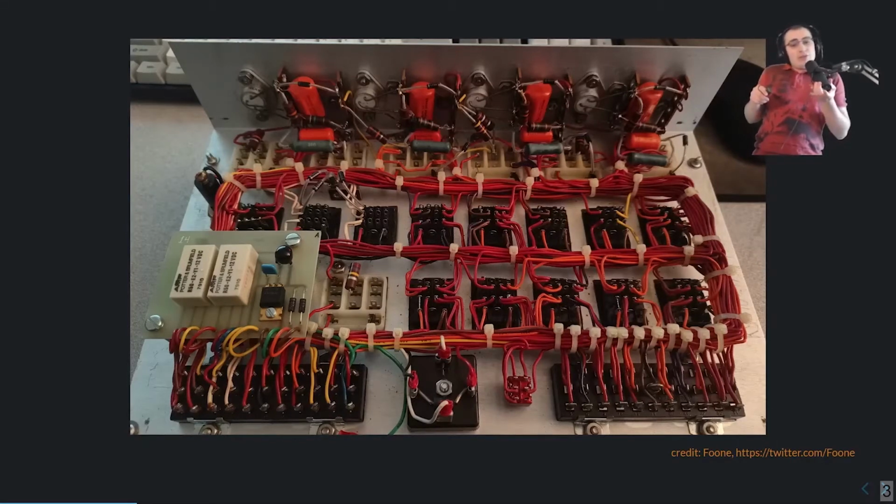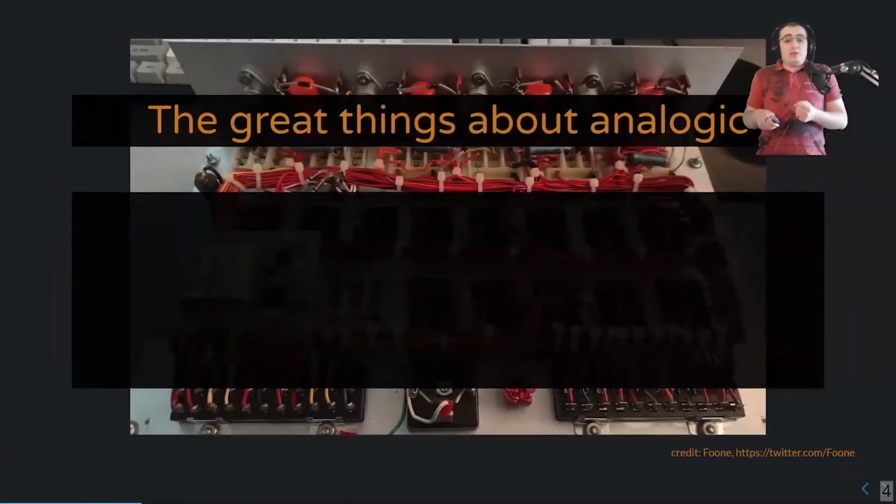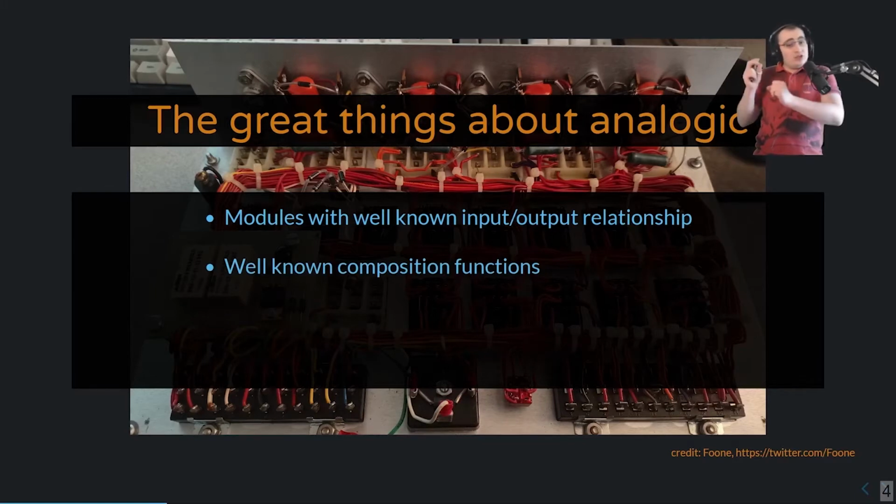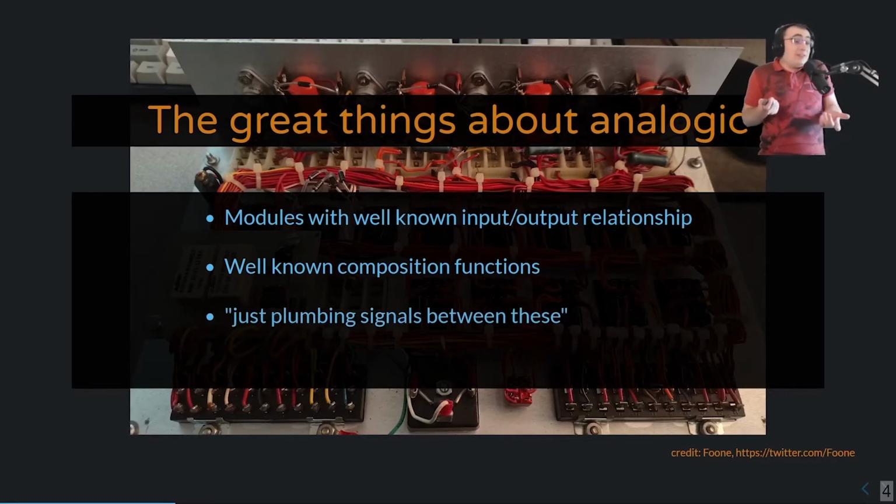And what that means is that we know really exactly what the input is, really exactly what the output is, and we get these great things about analog electronics, which is that modules have this well-known input and output relationship. We know really well how to compose them, right? We can take two of these things, for which we know the transform function, and we know what is the function of the combination when we combine them. We can compose them. And what that means is that making an electronic transform function, or an electronic system, is basically just plumbing signals between these modules.